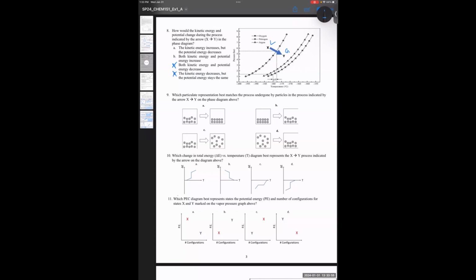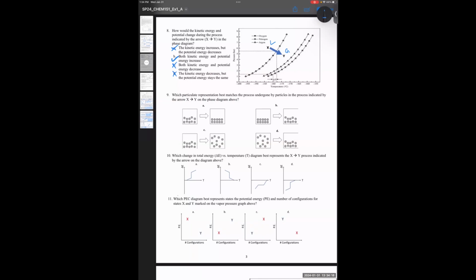Therefore, the potential energy must increase as well. So for that reason, both kinetic energy and potential energy increasing is the correct answer, option B.